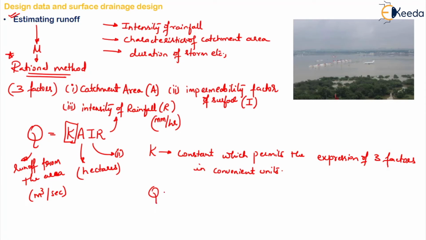So Q can be written as 10,000 A into I into 1 divided by 1000 into 1 divided by 3600 R, that is nothing but AIR by 360. So the value of K from this is 1 by 360.